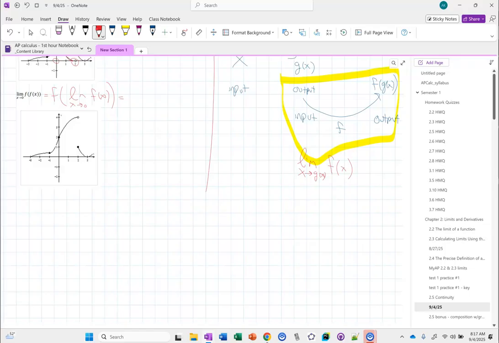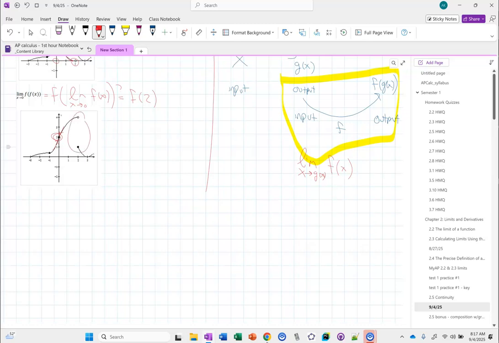And again, this is 2. But at 2 we're not sure what to do, right? If I go back and look at this though, how is f of x approaching 2? Well, it approaches both from above and below.